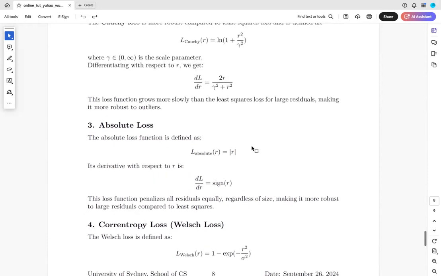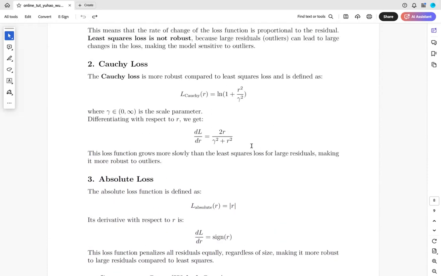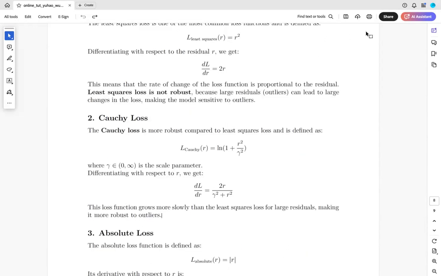Is it right? Because in the Cauchy loss, we can find there is a gamma parameter, and if we control this, we can get smaller or bigger coefficients and change the robustness.